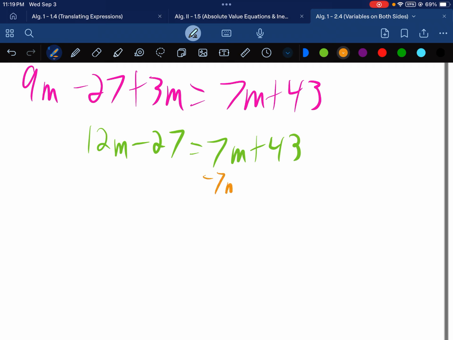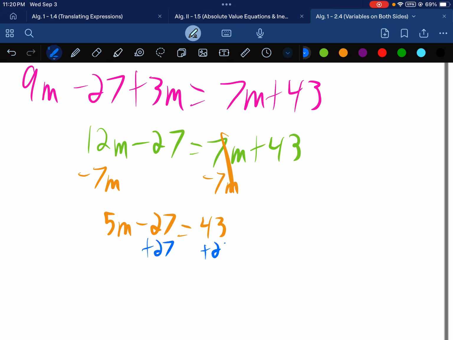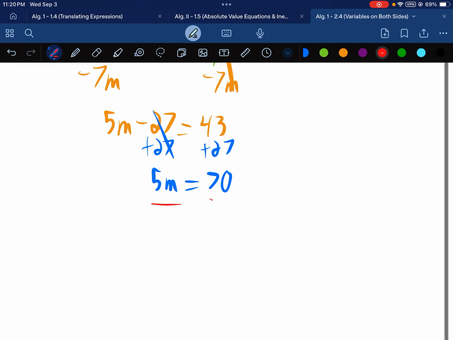So I'm going to subtract 7m, which is a smaller one, from both sides, and get 5m minus 27 equals 43. Adding 27 to both sides gives us 5m equals 70. Now if I divide by 5, m equals 14.